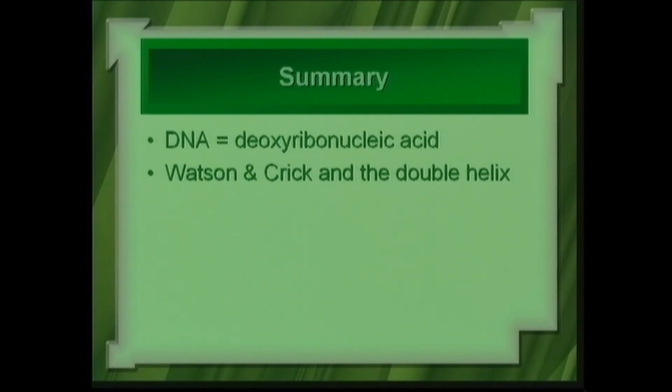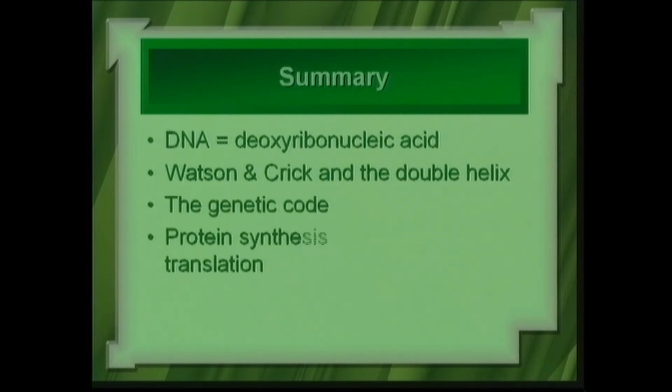We also talked a little about Maurice Wilkins, and we talked about Beadle and Tatum, and also Hershey and Chase. Okay, all these brilliant minds that led to the knowledge of the structure of the double helix. We talked about the genetic code, written in triplets of bases. We talked about protein synthesis, transcription, and translation. And then lastly, we finished off with mutations, the stuff of evolution.